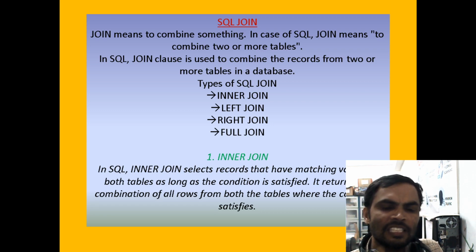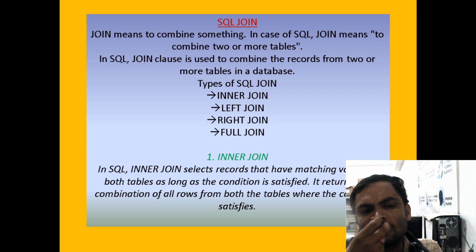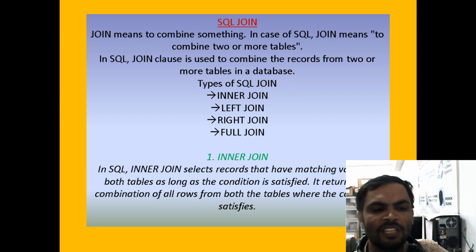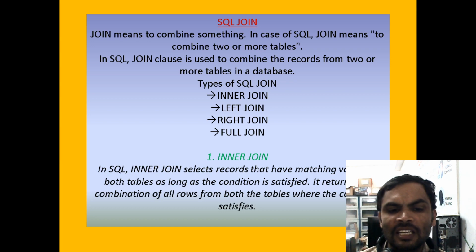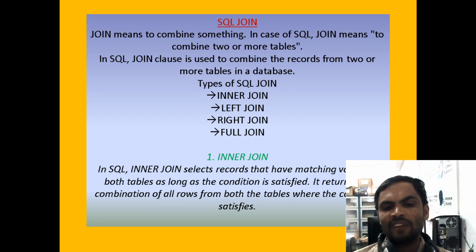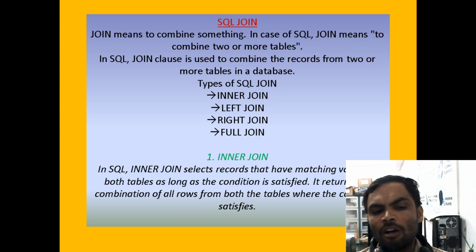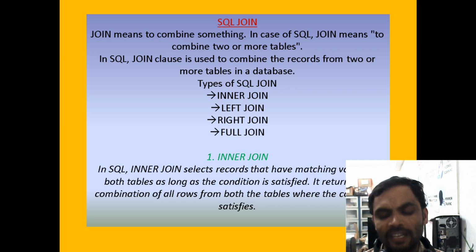Joins are categorized into types: inner join, left outer join, right outer join, and full outer join. Inner join selects the records with matching values from both tables as long as the condition is satisfied, returning the combination of rows from both tables.